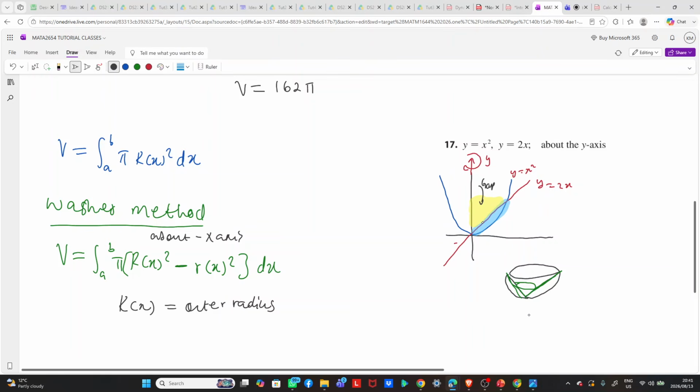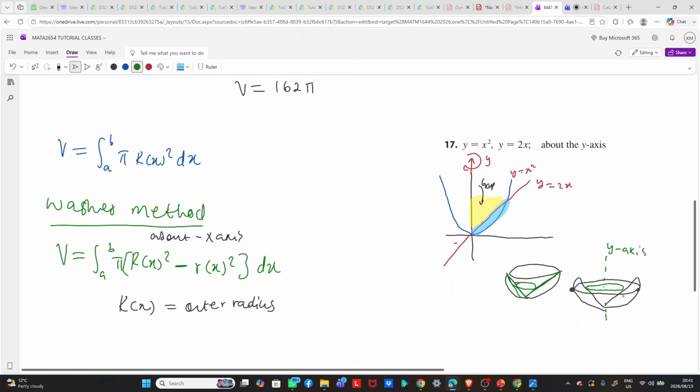By the outer radius, I'm talking about the radius that is going to be formed by this guy. This function is going to form a circle like that as well, and the inner function will form a circle like this one. My axis of revolution, of course, in this case is the y-axis.